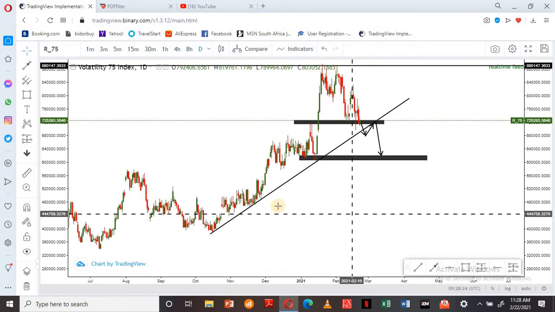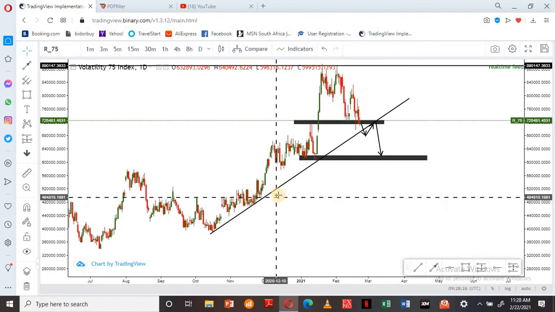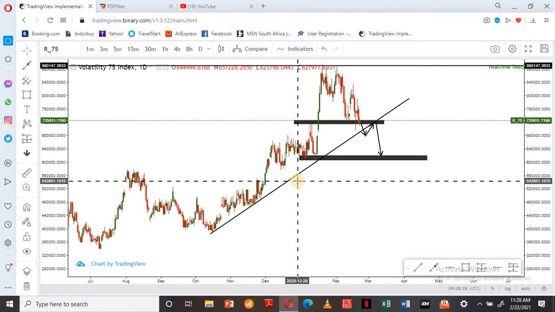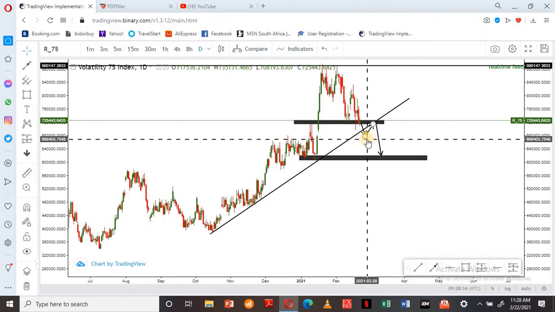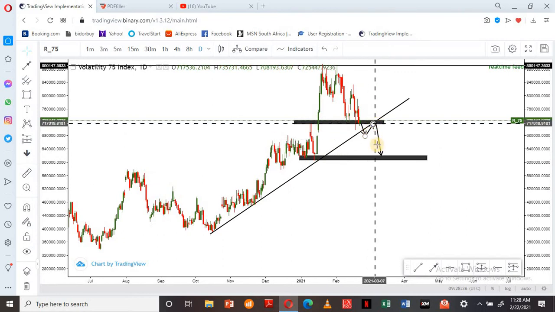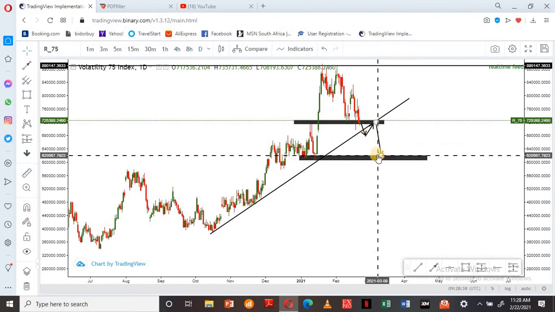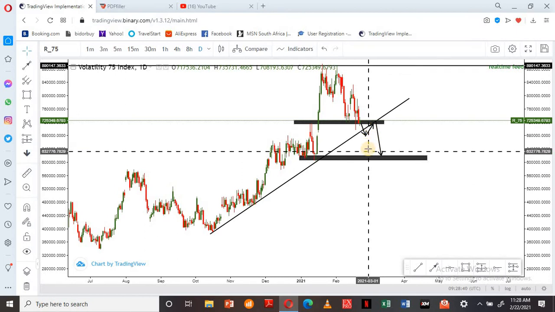There are only two options for price out of a trend line. It breaks and retests, that's option one, or it breaks and never retests.